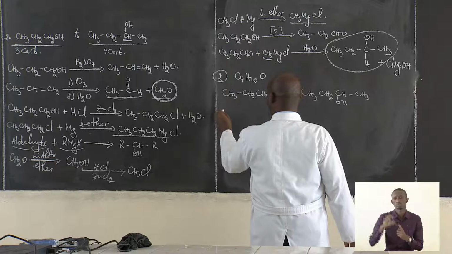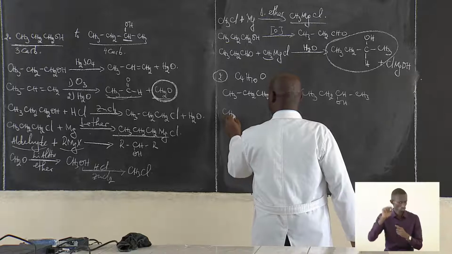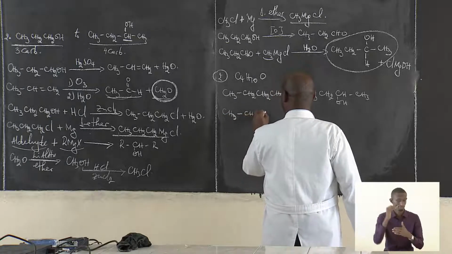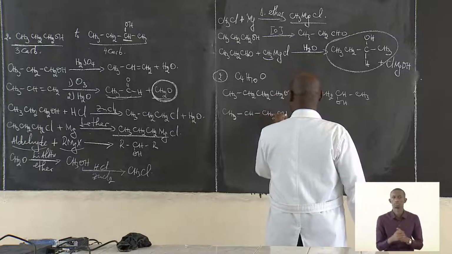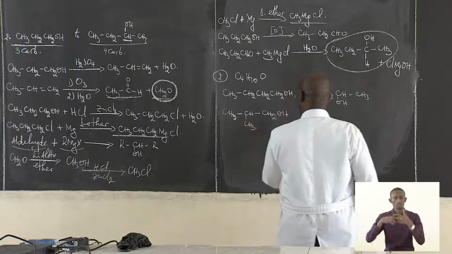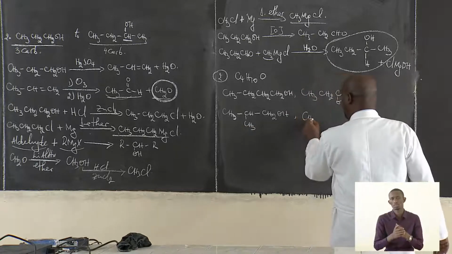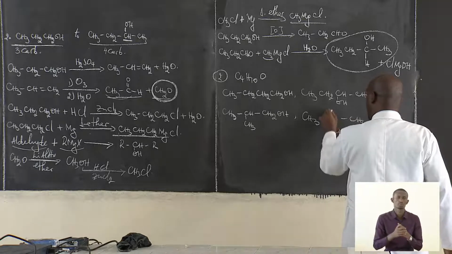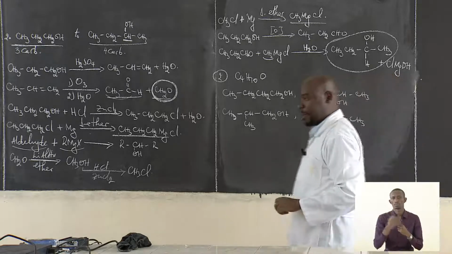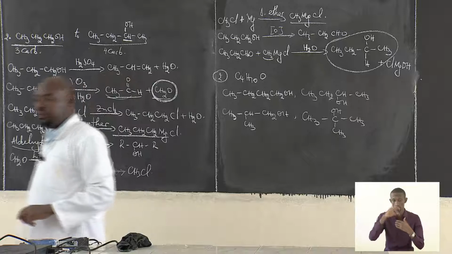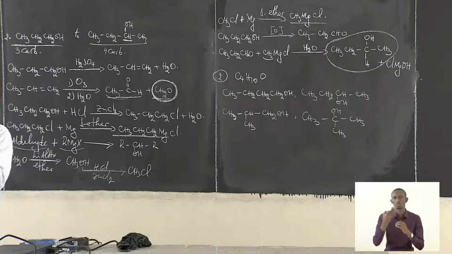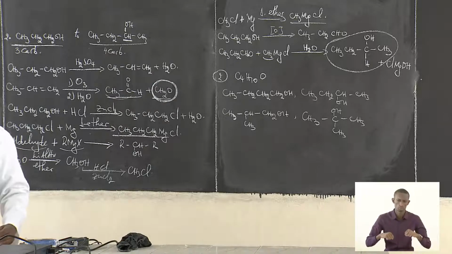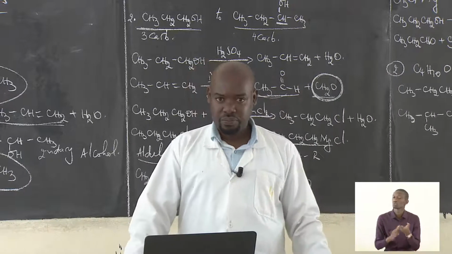And we go to the tertiary, the third, sorry, CH3, CH, CH2, OH with a branch, and then we move the OH to have CH3, C, CH3, CH3, OH. So those are the only possible isomers we can have with that molecular formula.